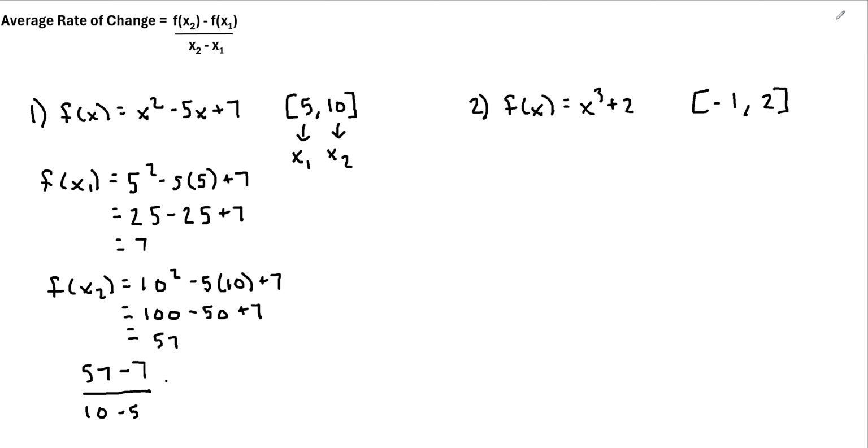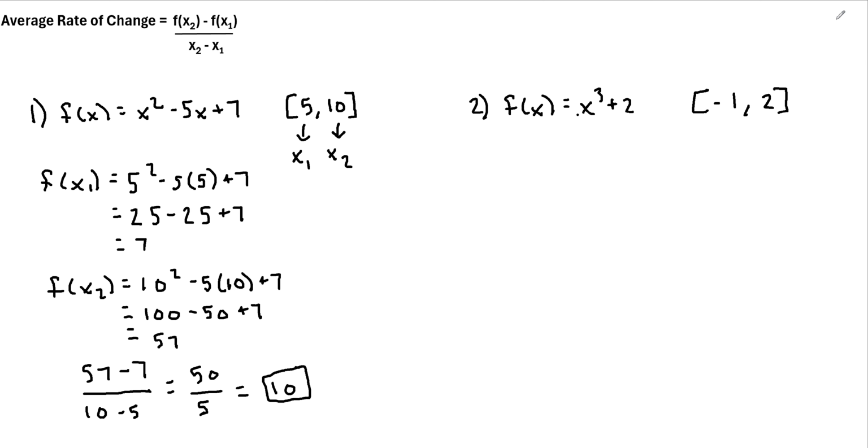So 57 minus 7, that is 50. And then on the denominator, we have 10 minus 5, that's 5. 50 divided by 5 is 10. And that is our final answer. So the average rate of change over the interval 5 to 10 of this function is 10.